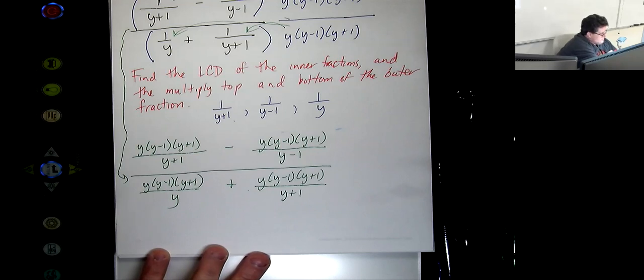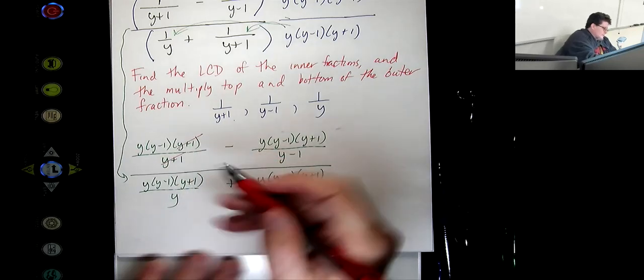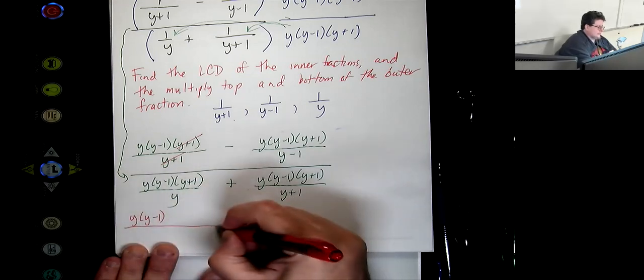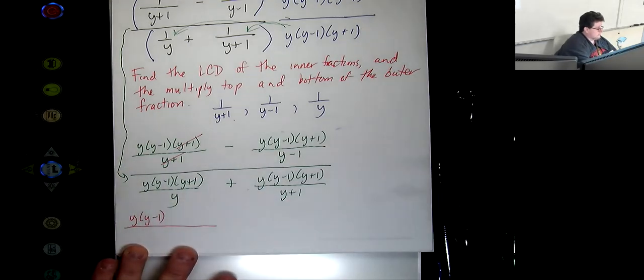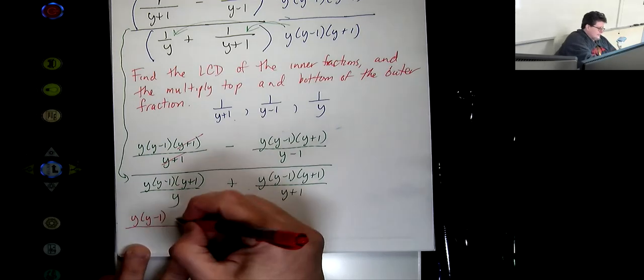Once you have that done, you can start canceling out on the top and bottom in the inner fractions. The way we did it, every denominator should disappear in the small fractions. So in the upper left one, the y plus 1's cancel, and I'm just left with y times y minus 1. Then I have a minus sign.